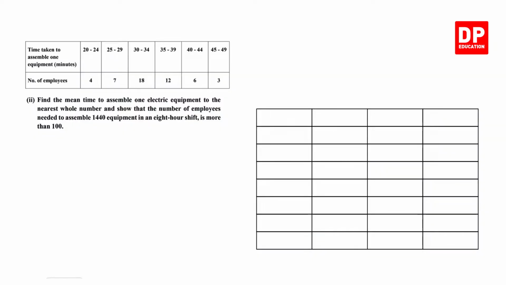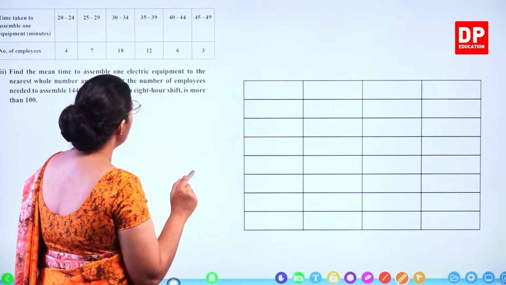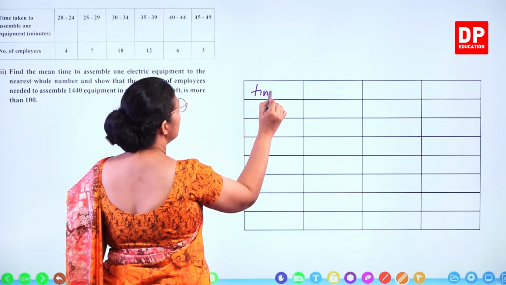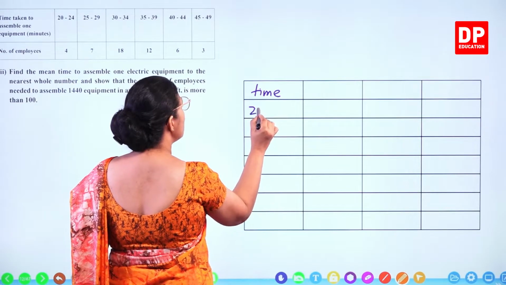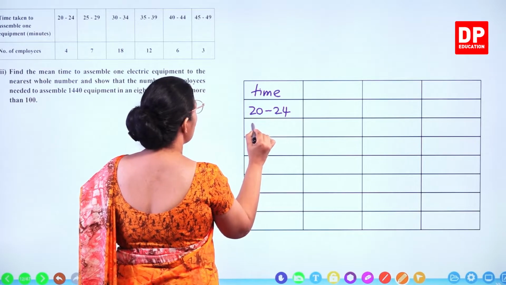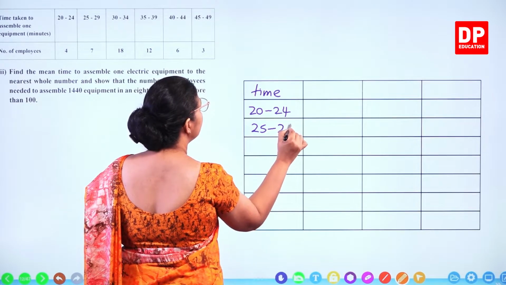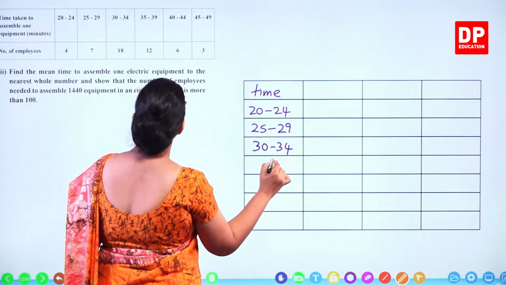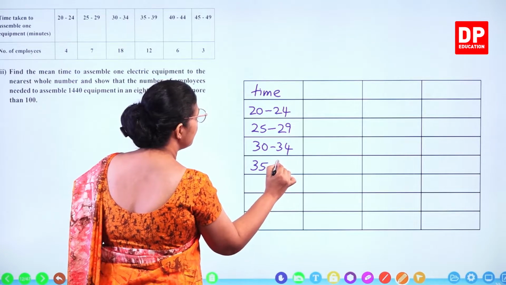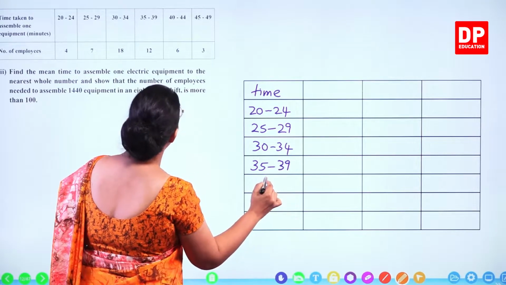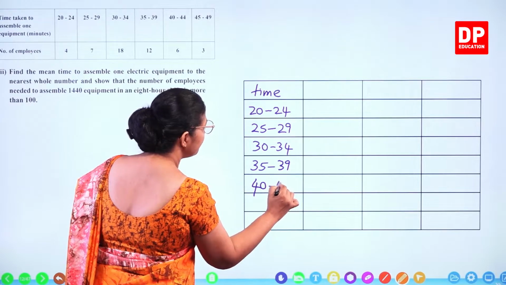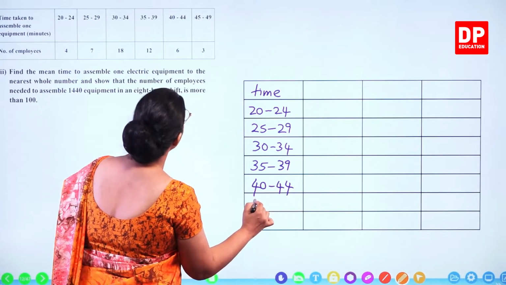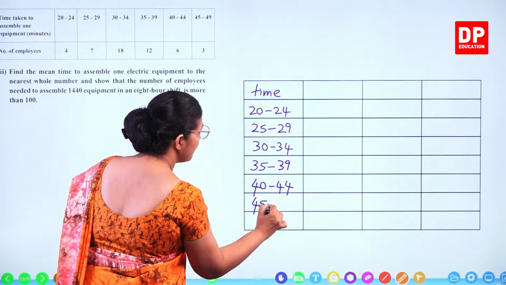Then second part, find the mean time to assemble one electric equipment to the nearest whole number. So here it's time. Intervals are given: 20 to 24, 25 to 29, 30 to 34, 35 to 39, 40 to 44, 45 to 49.